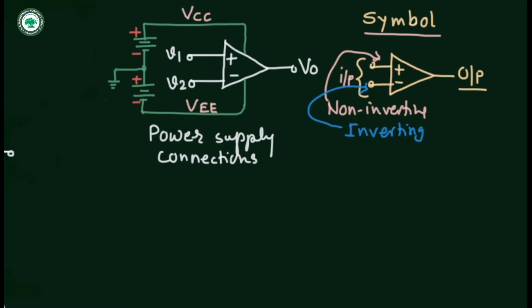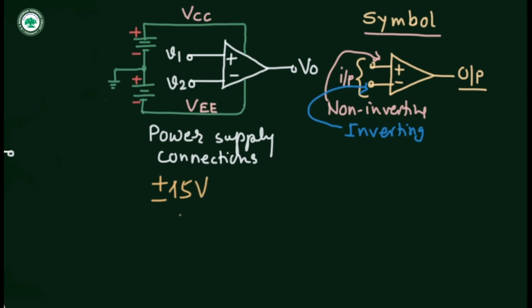Besides that, it also requires some power supply connections. We use a dual power supply, and the connections to the operational amplifier are like this. This is VCC, the positive power supply, and this is VEE, the negative power supply. Both power supply terminals have a magnitude of, say, plus minus 15 volts.